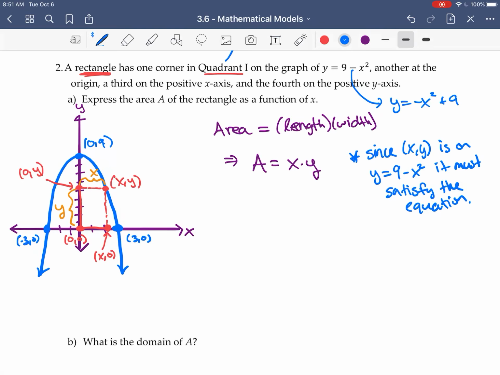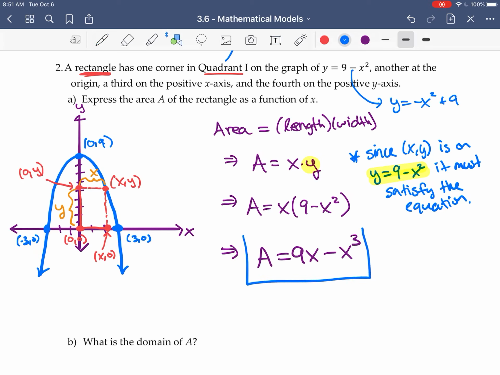So y should equal 9 minus x squared, and we can replace y here. I'm going to have A equals x times (9 minus x squared). So my area in terms of only x is 9x minus x cubed.